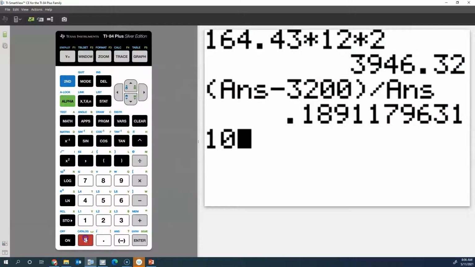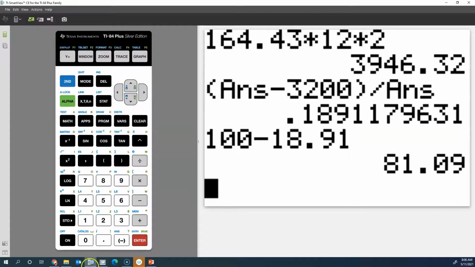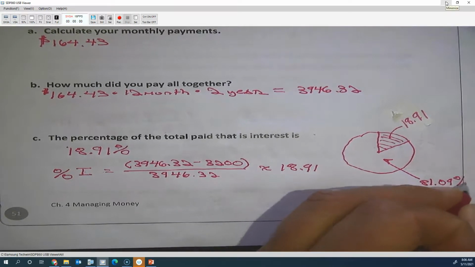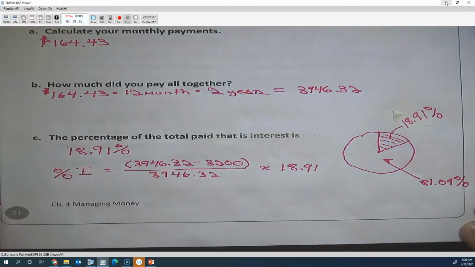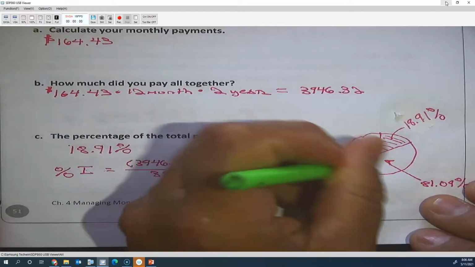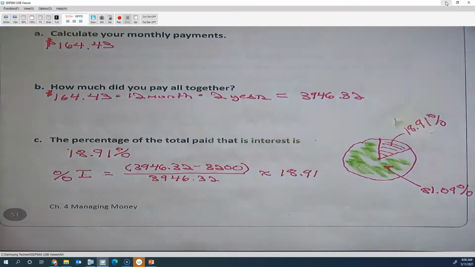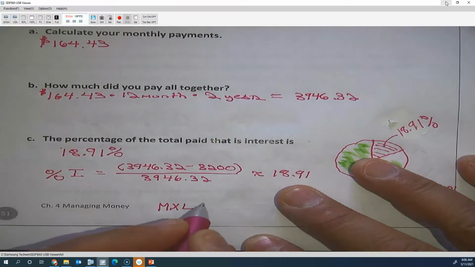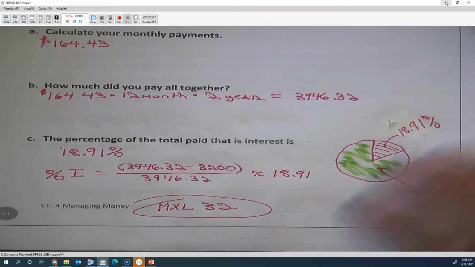So 100 take away 18.91, and the rest of this thing is principal. Okay, Math Excel 32.